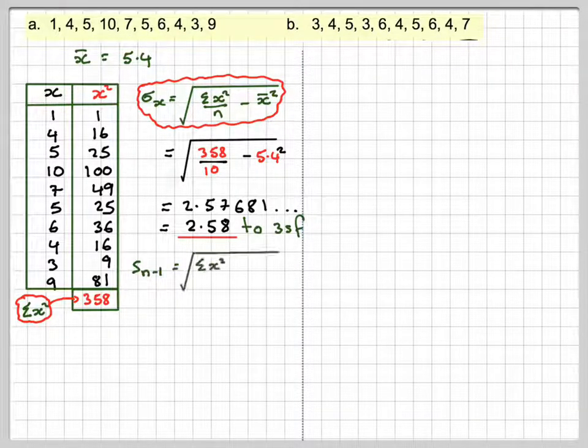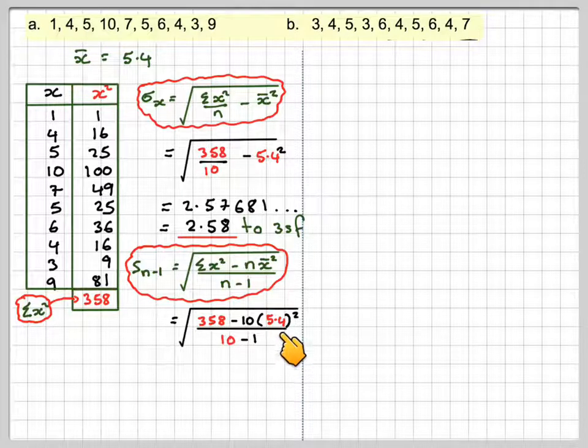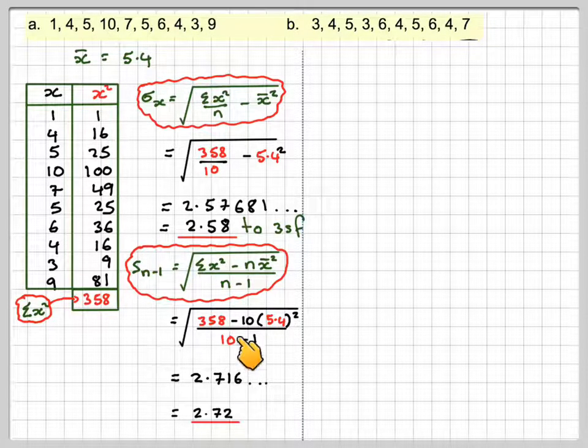But using the one that we want, the unbiased estimate, we can just put the numbers in. Square root of 358 minus 10 times the mean squared, over 10 minus 1, gives me 2.716. Notice we're getting 2.72. We're getting the same numbers we got the first time through, so it sort of verified the result.